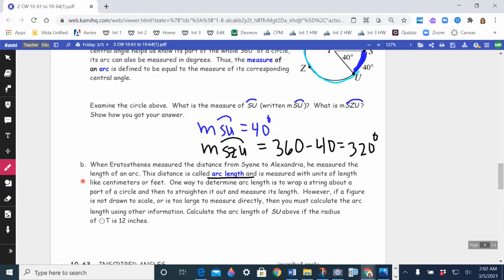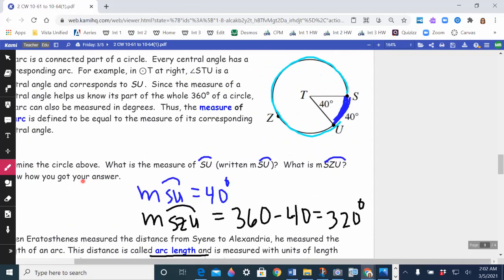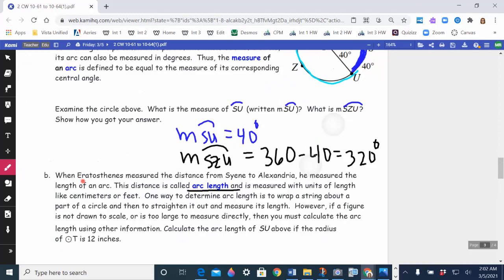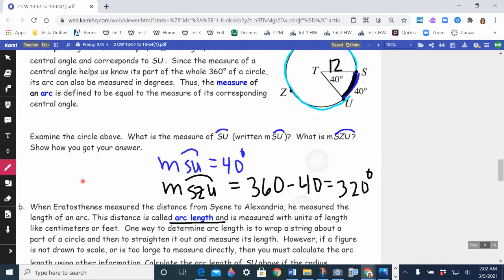Okay, so we know that the radius of circle T is 12 inches. And they want us to find the arc length of SU. So they want us to find this that I'm coloring in black. So that is part of a circumference.